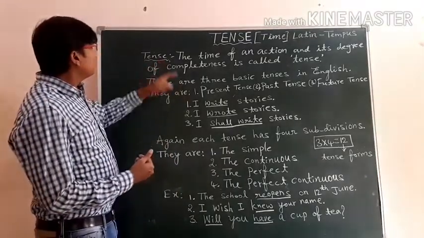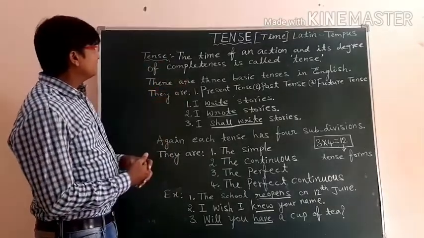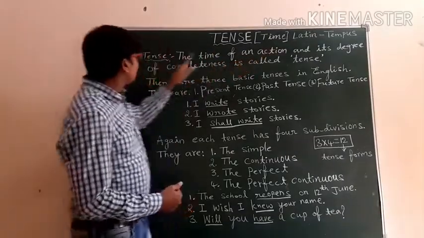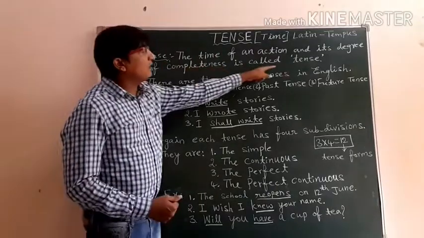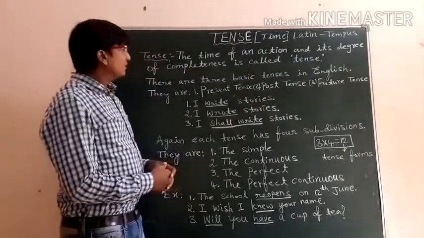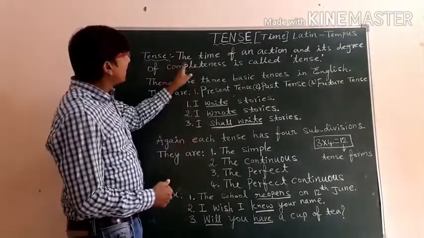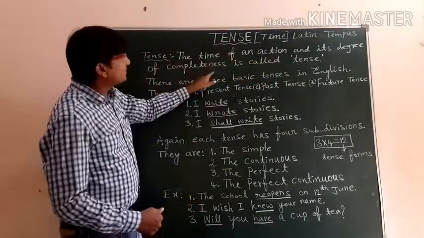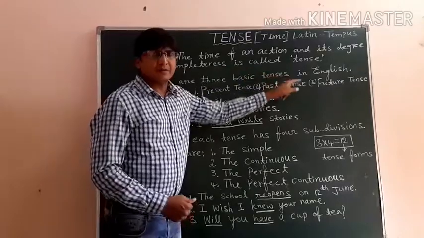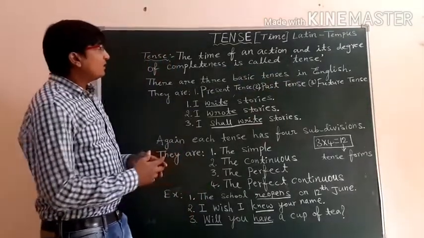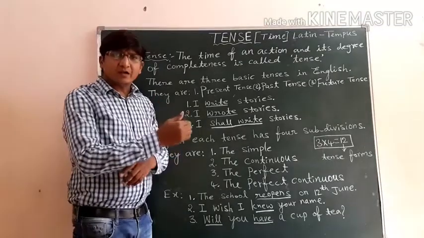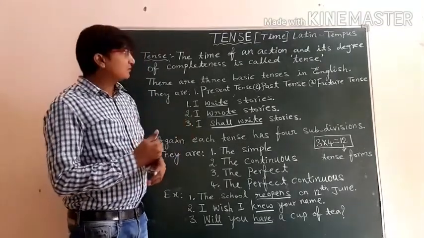And here we have the definition. The time of an action and its degree of completeness is called tense. When an action has been started and when it is going to end, that's very important.